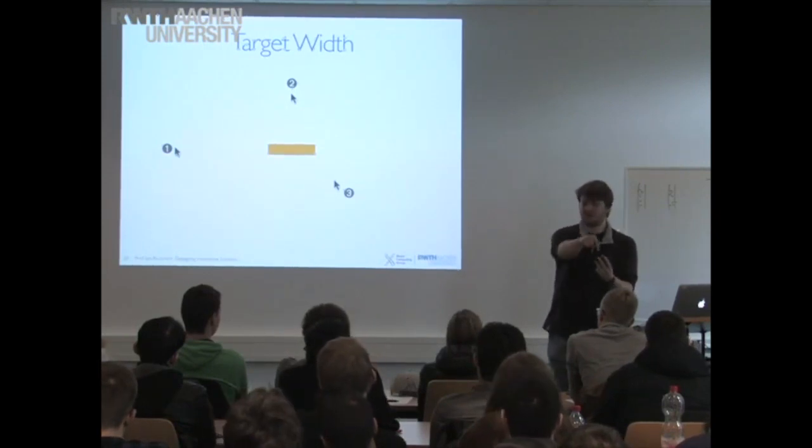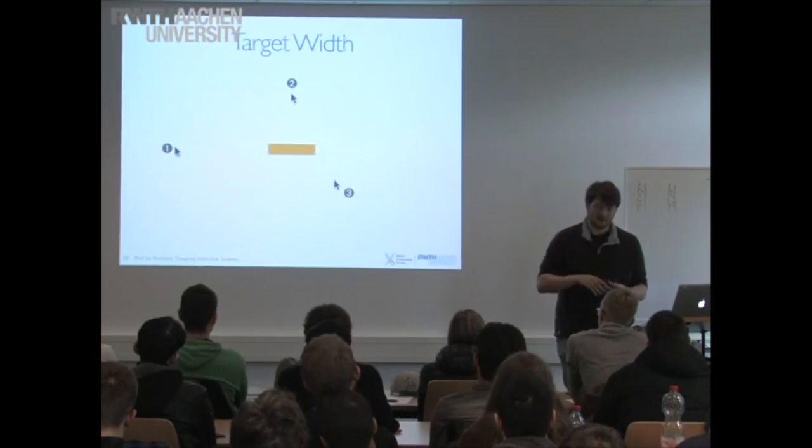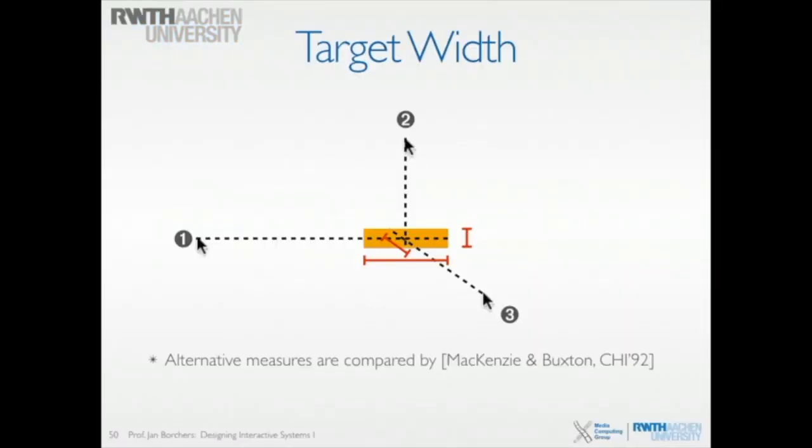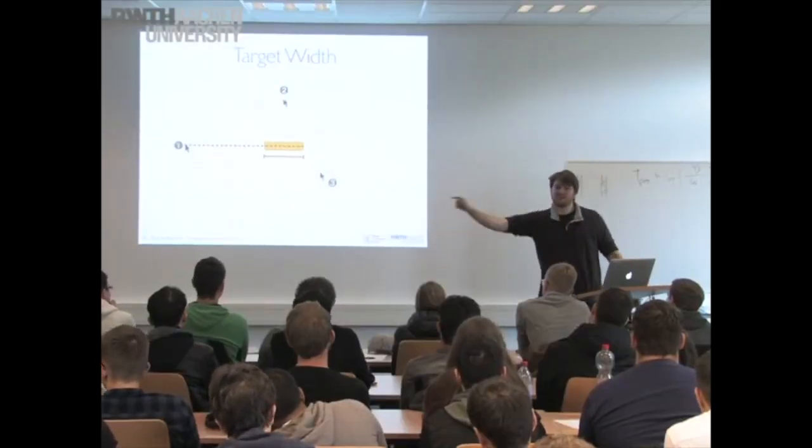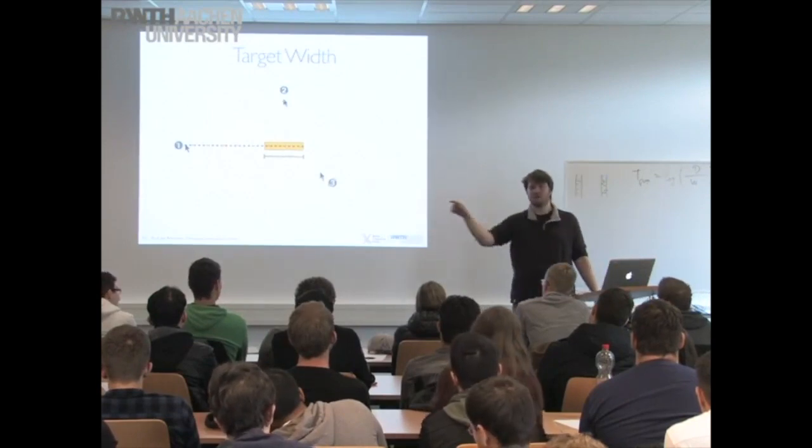In this one, so overshooting or undershooting, right? I think Buxton looked at that. If I'm starting from position 1 and I'm trying to hit the target, it doesn't really matter how high it is, because I'm just moving to that side. So the most problem would be over- or undershooting.